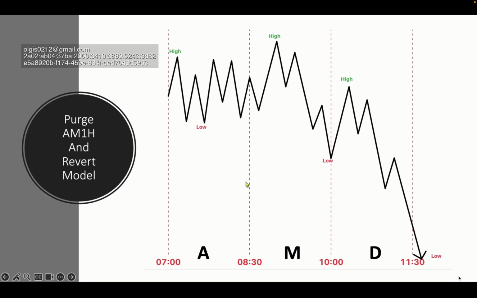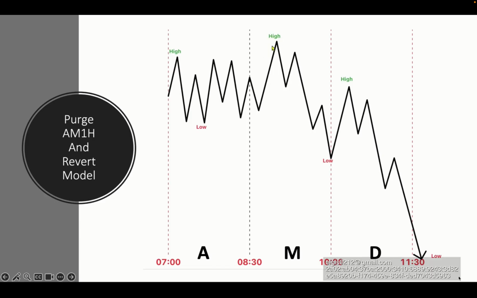So to summarize this scenario, we see a run on the high that forms between 7 and 8:30 during 8:30 to 10, and this sets up the highest price of the AM session, of the morning session, and then the market begins to fall and it distributes going into lunch at 11:30.